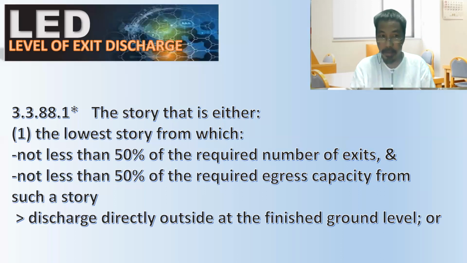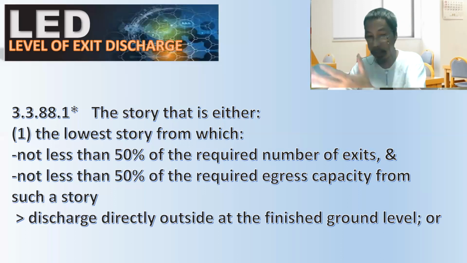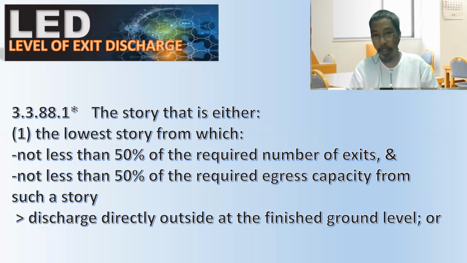With these conditions, there are 2 conditions: more than 50% required number of exit, and more than 50% required egress capacity. Egress capacity is the number of people that is estimated to use that exit. Okay, for example, the number of occupants is 200, and there are 2 exit.